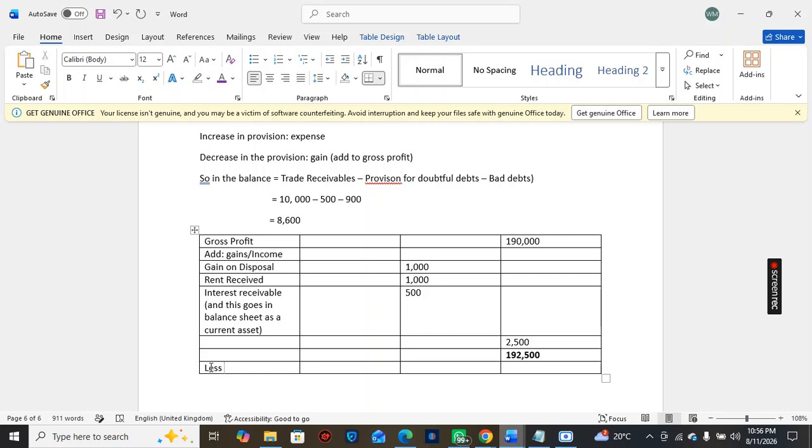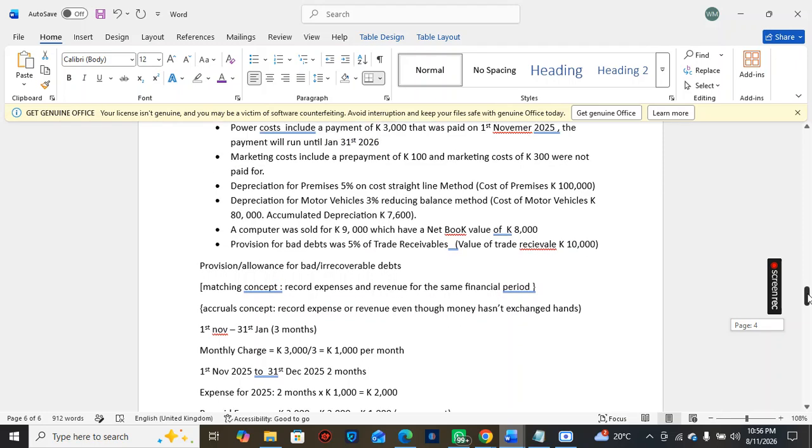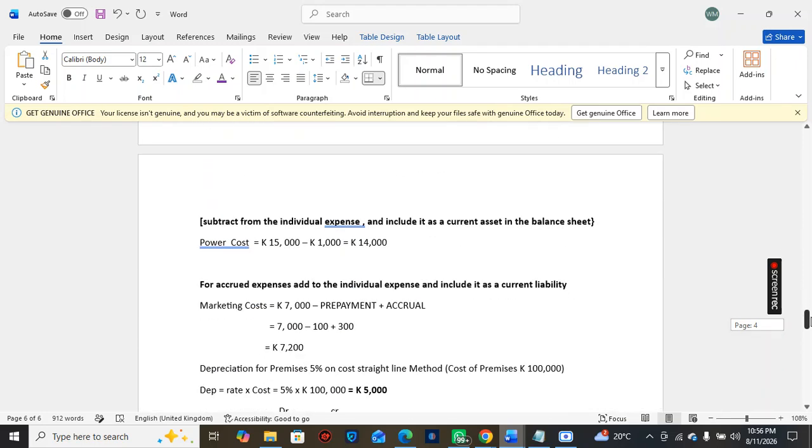Less expenses. So we start putting in our expenses. Power cost 14,000.